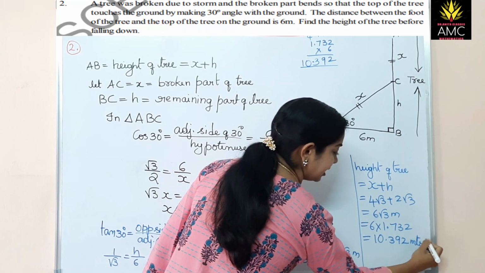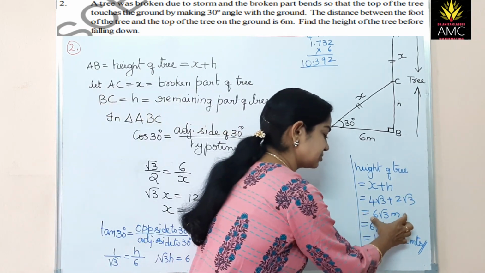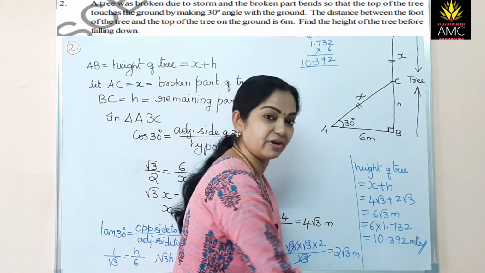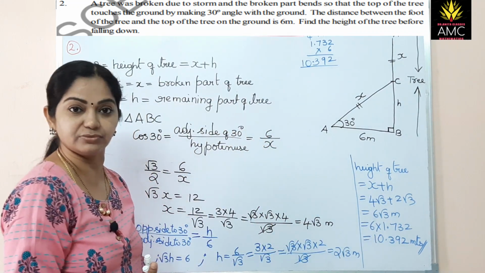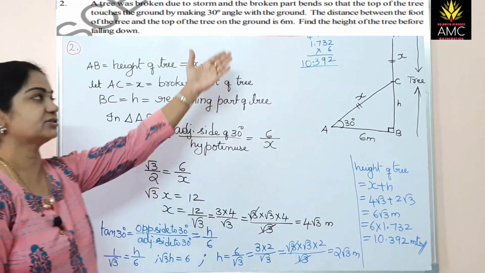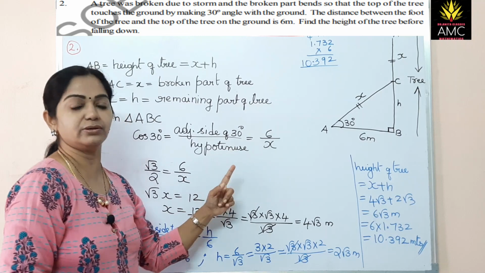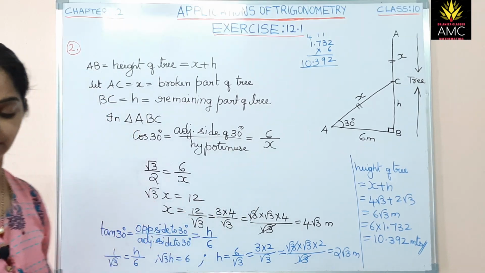This is the height of the tree. Do not stop at 6 root 3. Also you have to simplify further. Root 3 value is 1.732. That is 10.392. So by simply applying trigonometry, you can easily find the height of the tree. Pause the video and note it down or take a screenshot.